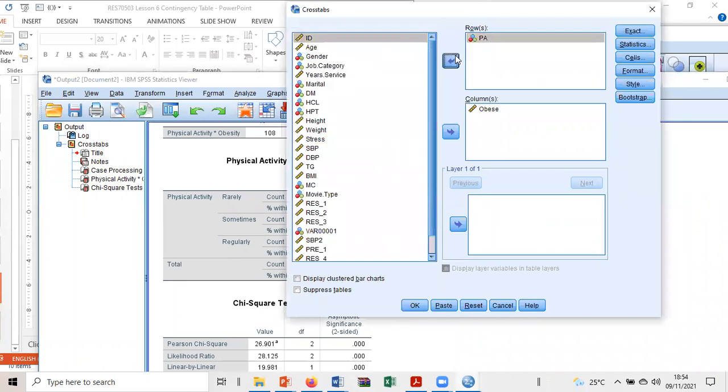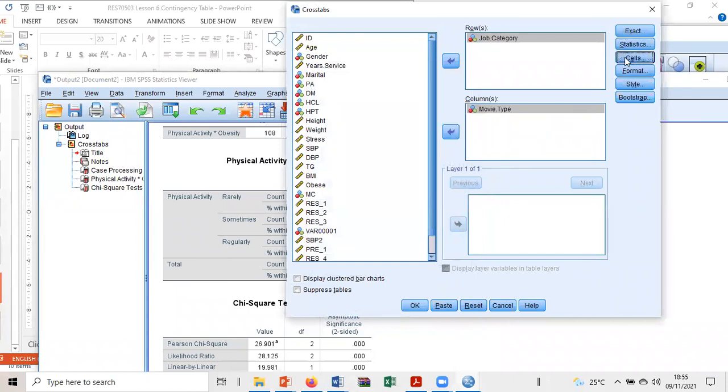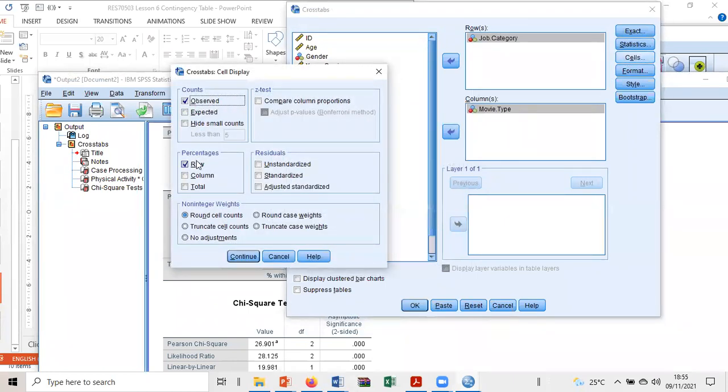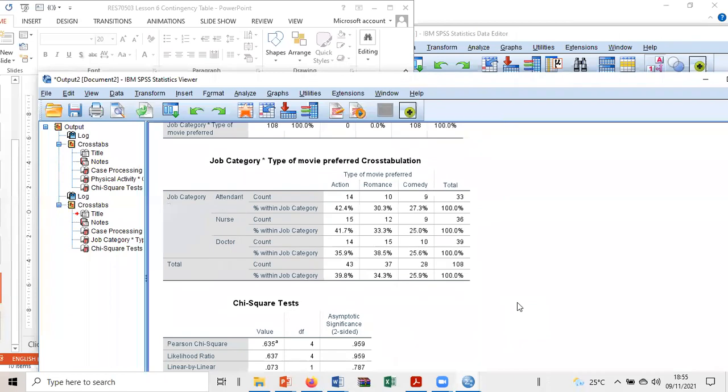So row, job category, column, movie type. Check statistics, chi-square, cells, row percentage. All right. So you can see p-value is more than 0.05. Therefore, there's no association.